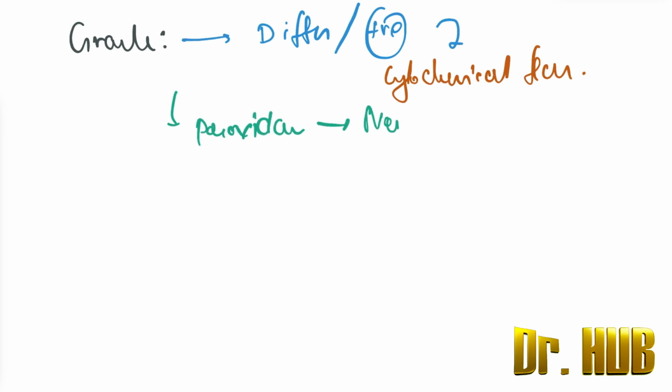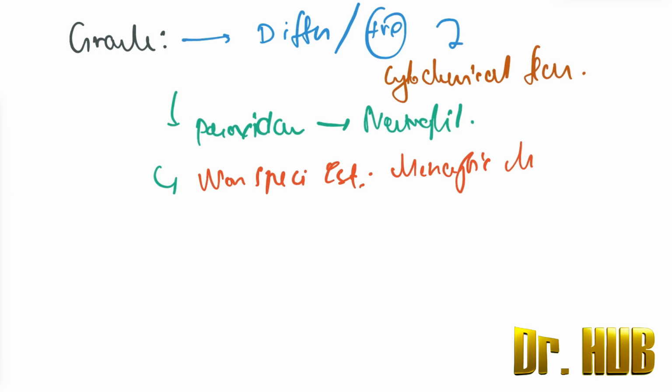Peroxidase is present in the neutrophil, as well as non-specific esterase in the monocytic lineage.